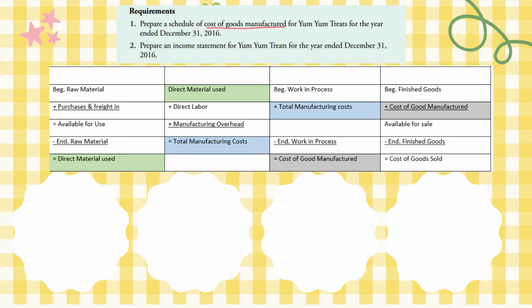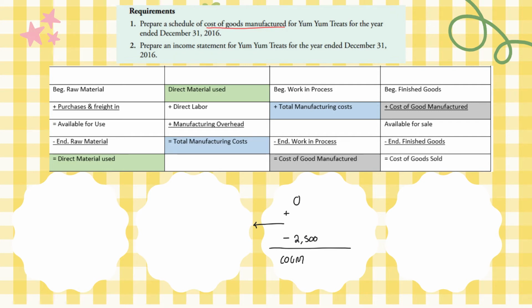From the first box, second line, work in process beginning balance is 0, plus total manufacturing cost, which is not given, less ending work in process, which is 2,500, equals cost of goods manufactured. Now total manufacturing cost is not given, so I need to find it. Direct materials used is not given, direct labor is given, manufacturing overhead we need to add some items.